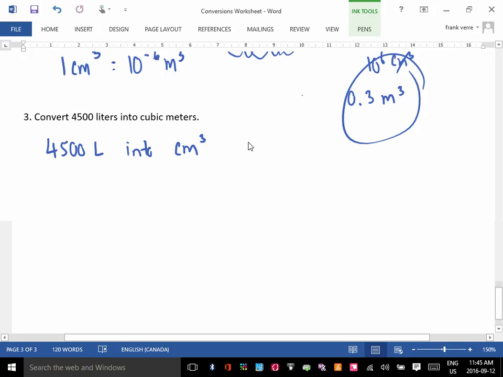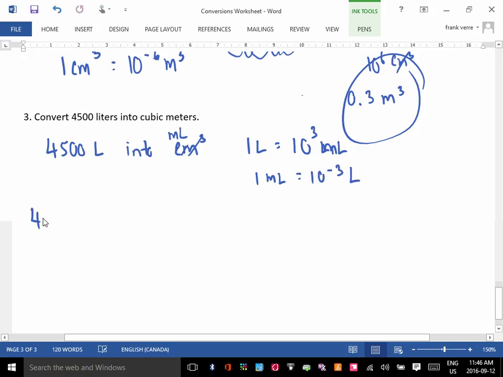So remember, 1 liter is how many milliliters? Sorry, we're going to convert to milliliters, not cubic centimeters. Cross that out. But remember, a milliliter is the same as a cubic centimeter, right? So 1 liter is 10 to the 3 milliliters, or 1 milliliter is 10 to the negative 3 liters.